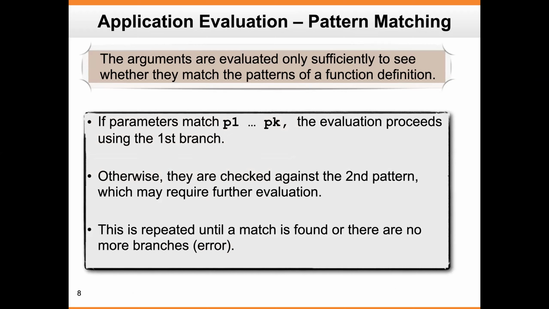So if the parameters match the first pattern, P1 to Pk, then the evaluation proceeds using this first branch. So the arguments are evaluated only so much that I can decide whether the pattern matches. And then I continue with the second pattern if the arguments do not match the first pattern, and so on.